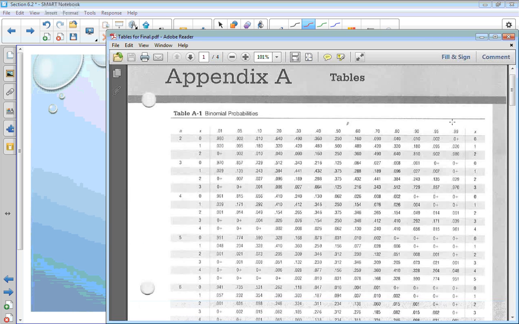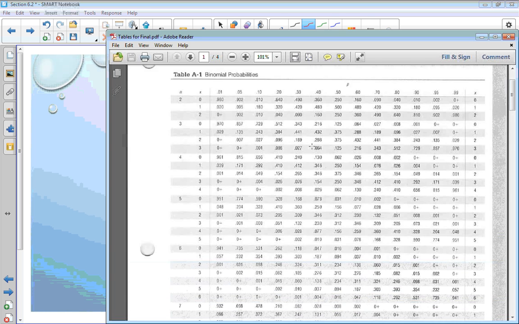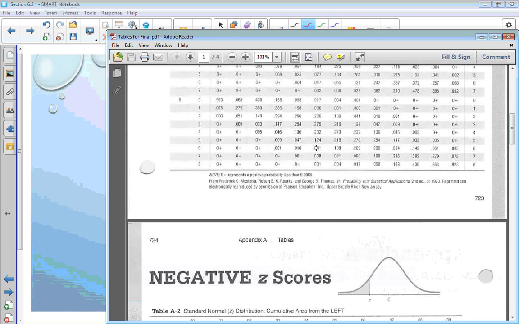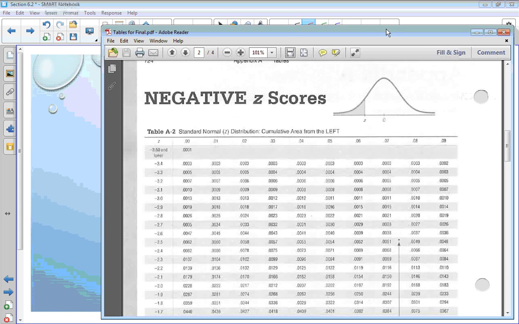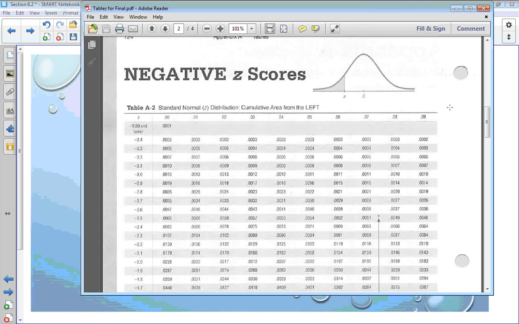This is what the tables look like. We're not doing binomial at this point. We are looking at z-scores, and I just want to go over how quickly to read these z-scores. Here's our z. These are the negative z-scores. And as you go across and down, a z comes with 2 decimal places.